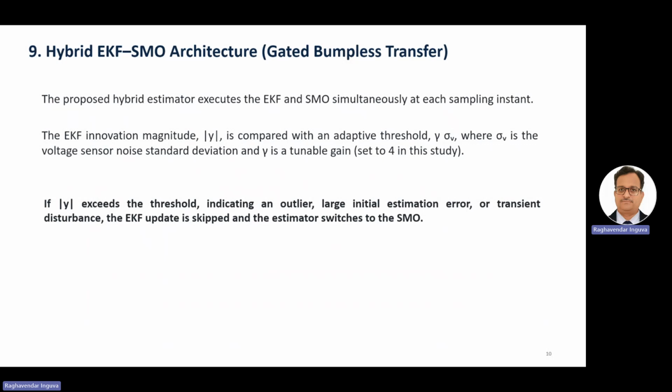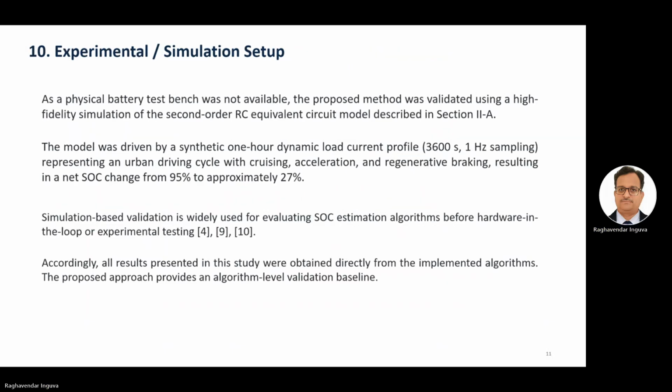There is not much change from one algorithm to another algorithm. Slowly it will recalculate and will give us the correct SOC. For the experimental setup, we have not used a physical battery test bench.